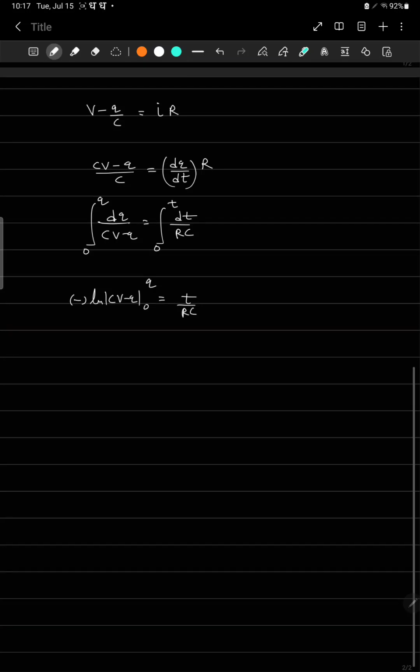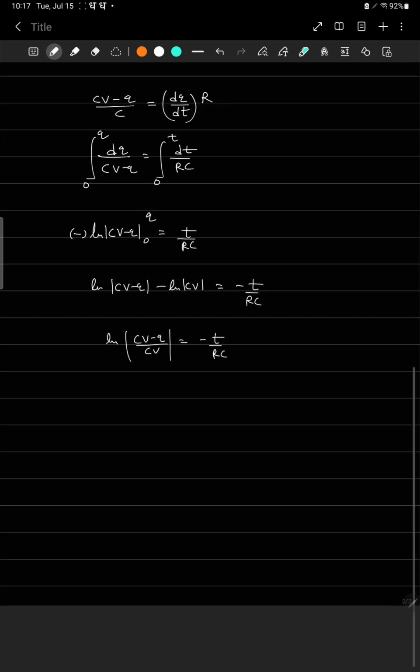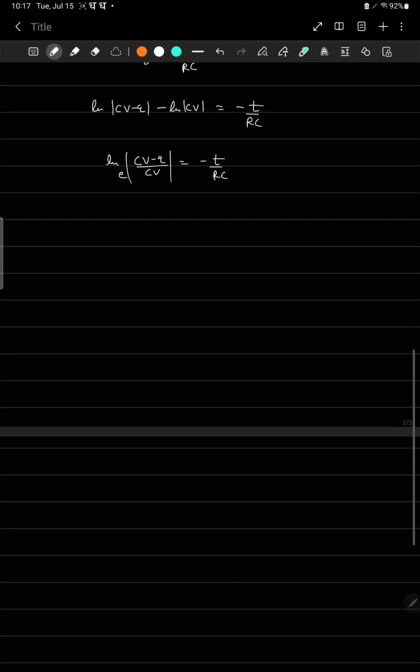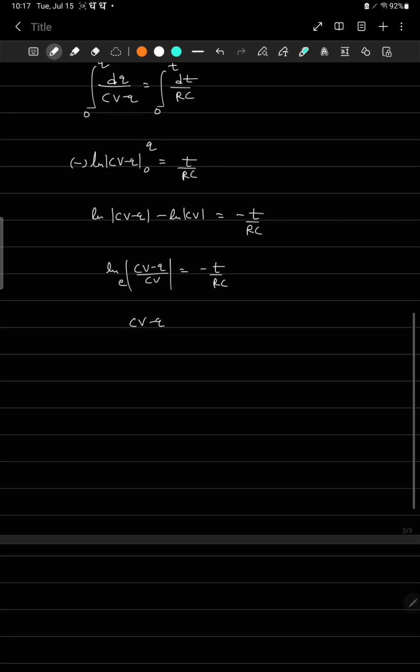Moving the minus sign to the right-hand side and putting in the limits, ln of CV minus Q by CV is equal to minus t by RC. With base e, CV minus Q by CV is equal to e to the power minus t by RC. If we cross multiply and solve for Q, it is CV times 1 minus e to the power minus t by RC.